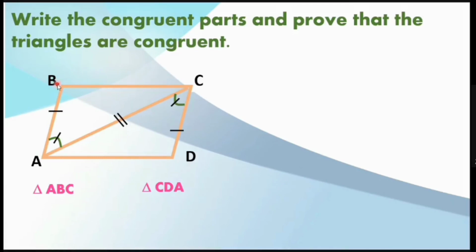Okay, so as we can see, we have here side, angle, side. So this is still under SAS Congruence Postulate. Can we give the first statement on the first pair of corresponding part? We have side AB corresponds to side CD. So we have side AB is congruent to side CD.